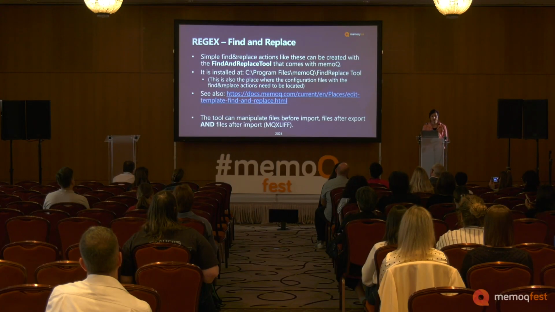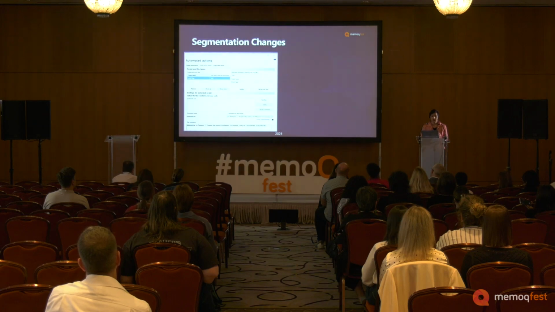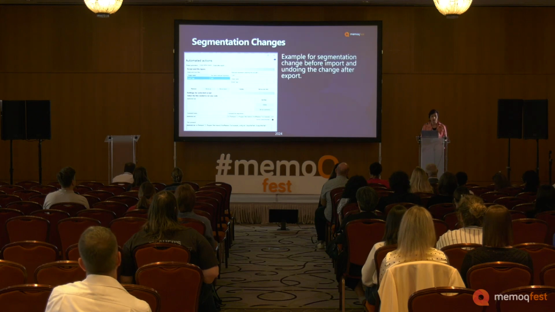The nice thing about the find and replace tool is it can not only be used to process files before import with find and replace and after export, but also while the XLIFF files are in the project. It looks similar to the setup of other scripting connections. So you would have the file format that you're dealing with, you would have a name for it.